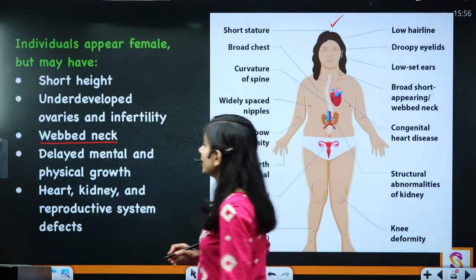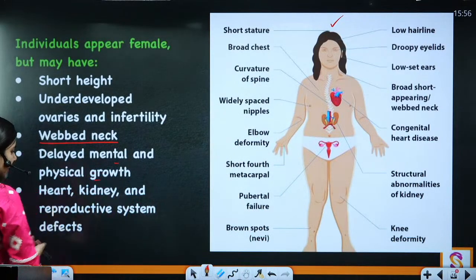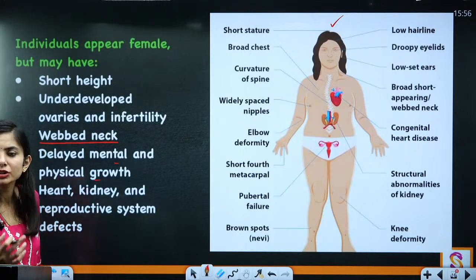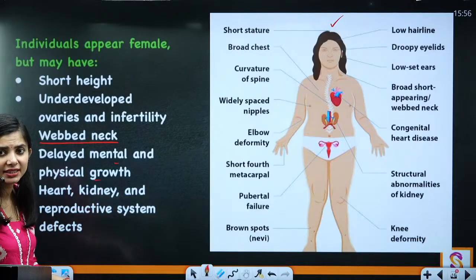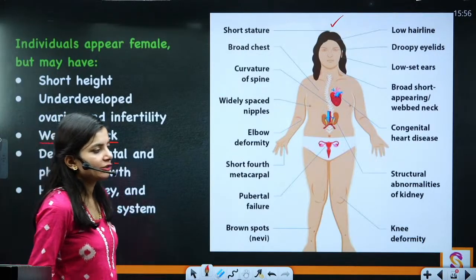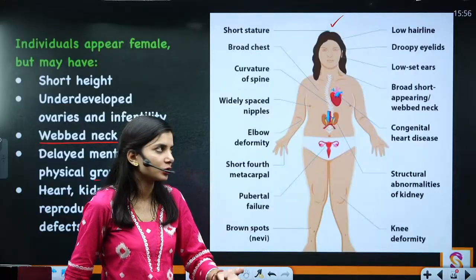Fine. Again, mental and physical growth is not normal, so mental retardedness is there. Estrogen and progesterone are not there; these hormones are imbalanced.